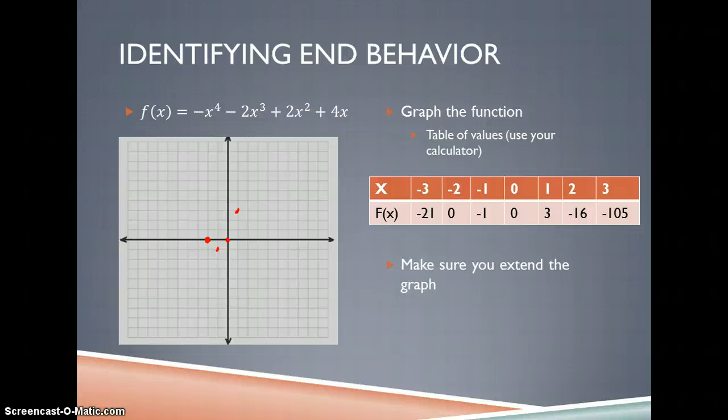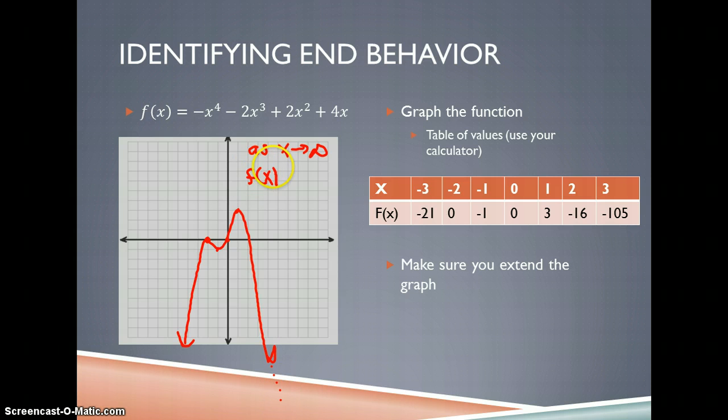So it's a little bit different looking of a graph. We're going to come up, up, and then back down. Kind of M-shaped, sort of. But as we look here, on the right side here, as x goes to infinity, these function values continue to go down.